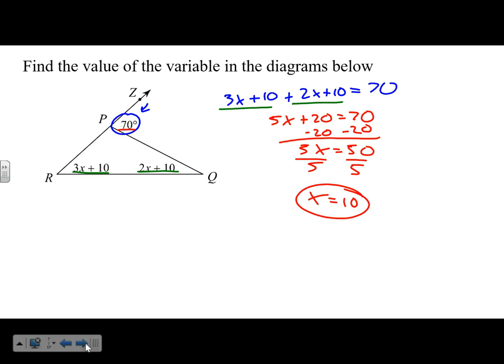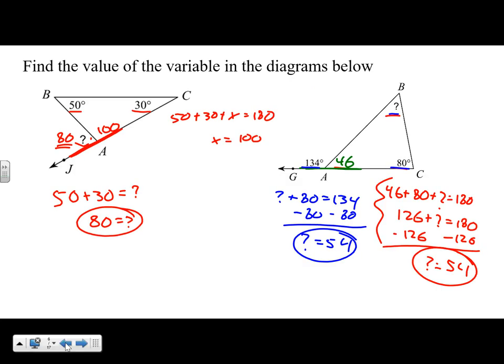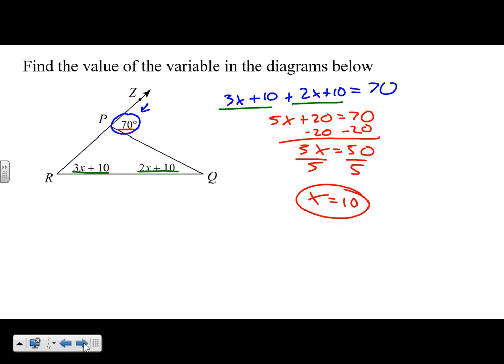Now remember on that last one I said, there's other ways you can do it where you find this angle and then you use your angle sum theorem. Technically you could do that one with this one. It's just, again, it's going to be a little bit more of a mess. This one actually wouldn't be too bad. That's 110, and then all three of those add up to be 180.